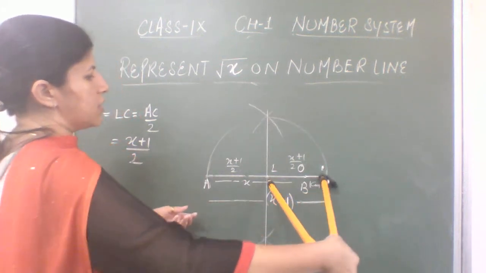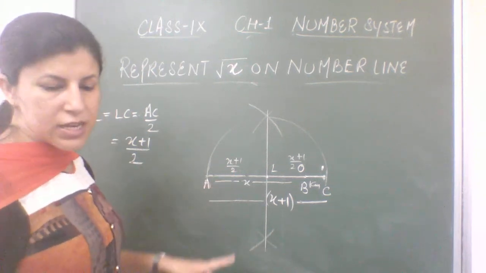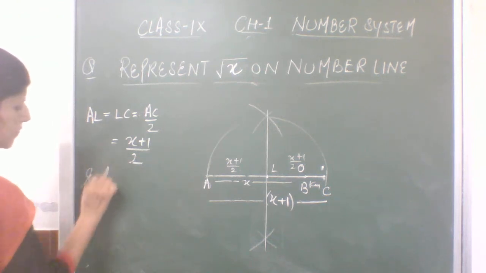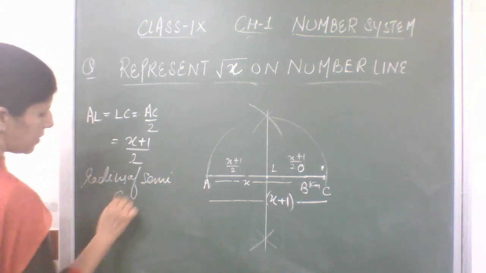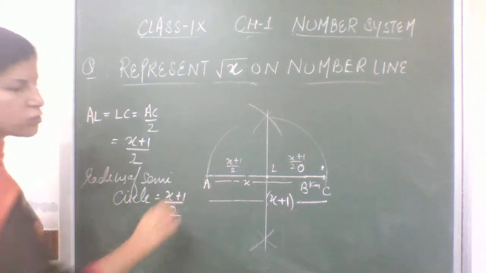Draw a semicircle and the radius of semicircle is x plus 1 upon 2 centimeter.